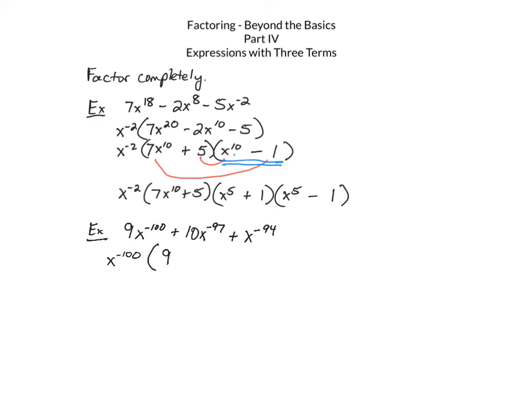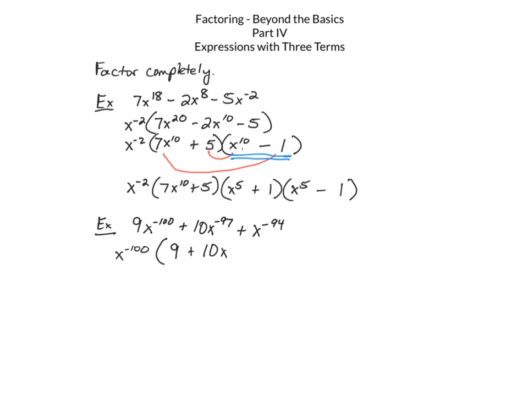And then I'm left with 9 plus 10x to the negative 97 minus negative 100, which is a positive 3, plus x to the negative 94 minus negative 100, which is 6.